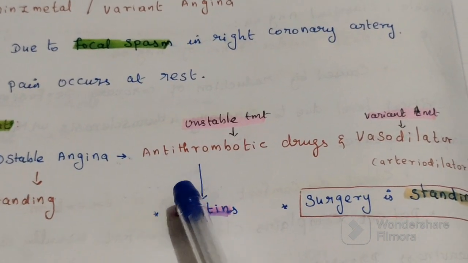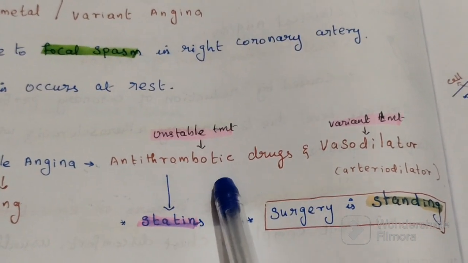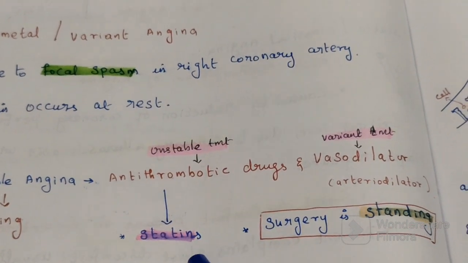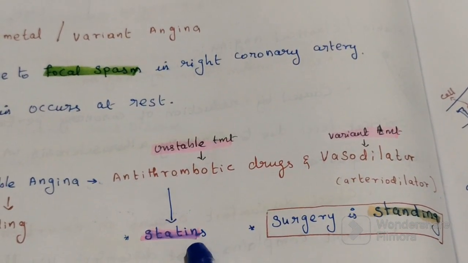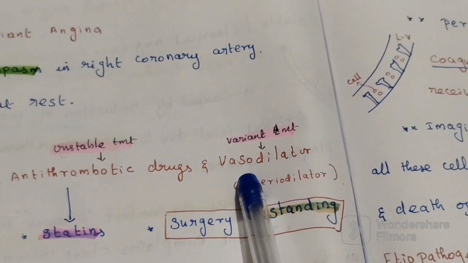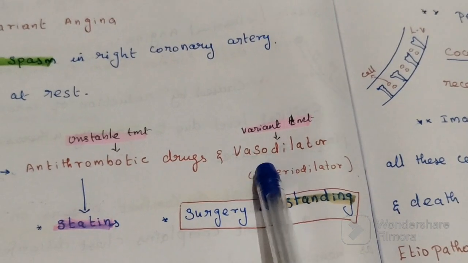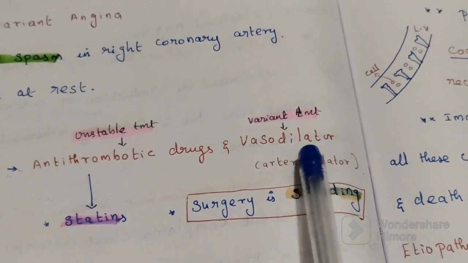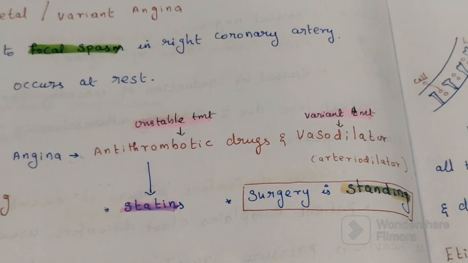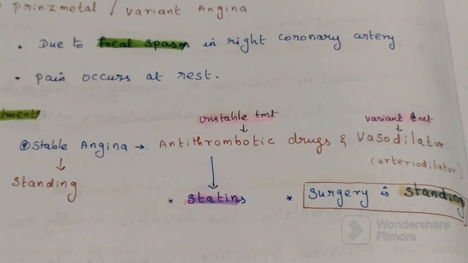The second type is because of thrombosis, so we give antithrombotic drugs and statins. The third is because of vascular spasm, so we can use vasodilators. So this is all about the three types of angina.